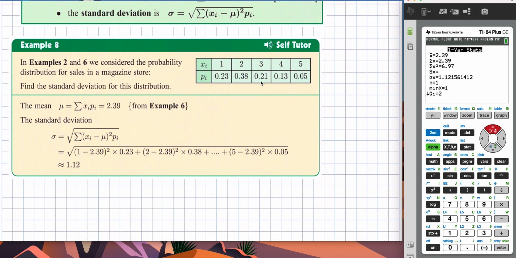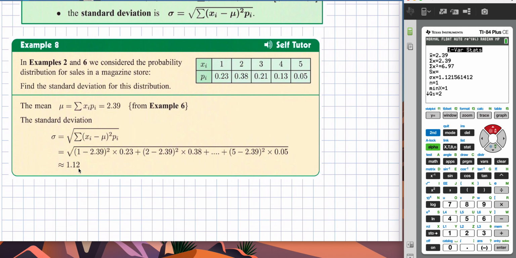What does that tell us, though? It tells us that the standard deviation from the mean is 1.12. So what we're suggesting is, remember the old normal curve and the 68%? Remember those sort of values? We'll come back to that when we do the normal stuff and the continuous variables next.